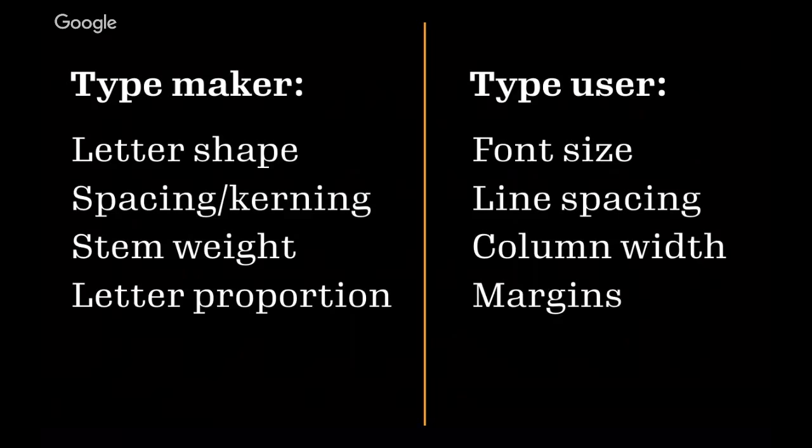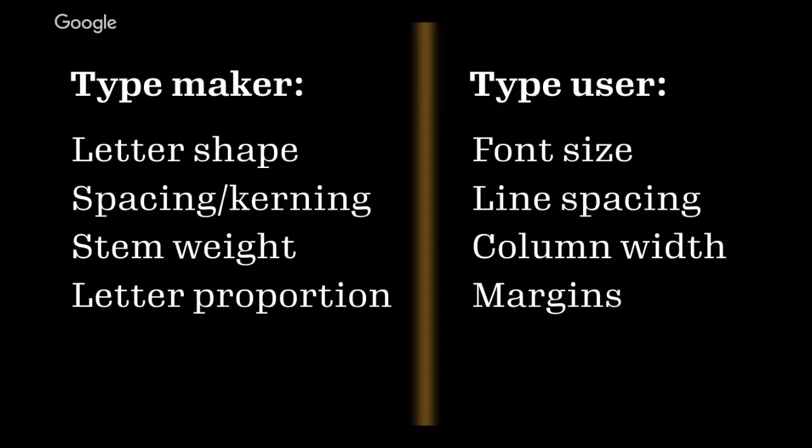So with variable fonts, this line is blurred, right? Now you have a say in things like how the shape of the letter looks and what weight it is. At the same time, I can give you recommendations through those registered axes, like, hey, this is how I think this font should look at 12 point. But maybe at 24 point, I think it should look different, right? So there's a lot more back and forth happening there.